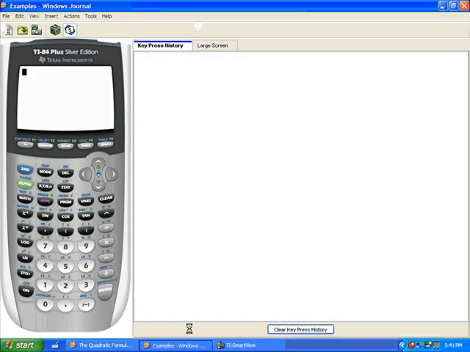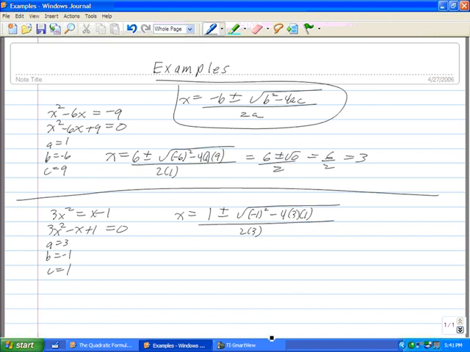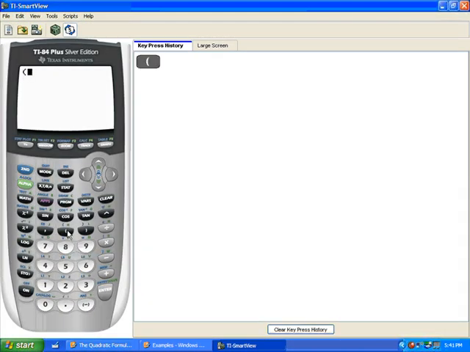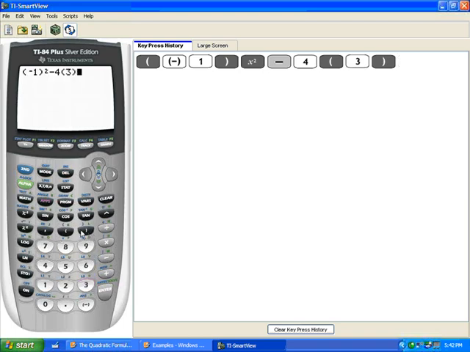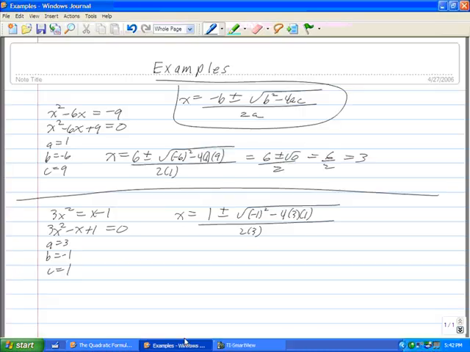Clear the calculator screen, and remember, it's negative 1 squared minus 4 times 3 times 1. So negative 1 squared minus the 4 times the 3 times the 1. And we find the discriminant to be negative 11.